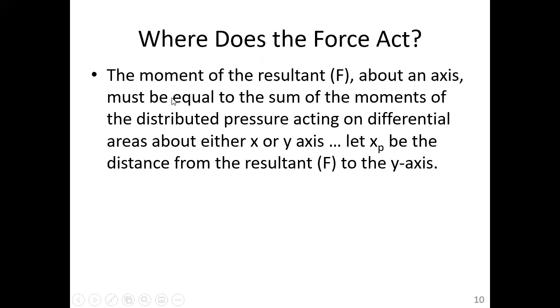Resultant force F and its moment about any axis must be equal to the sum, the integration, of all the moments of the distributed pressures acting on little differential strips dA. And we'll look at that graphically, but what this basically says is, this is the resultant force we just calculated. It's the pressure times the area, gamma h A. And we're trying to find out this. What is the location of where this force acts? And again, it's got coordinates xp and yp in the xy plane.